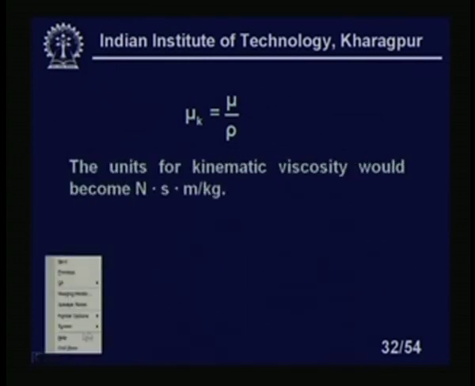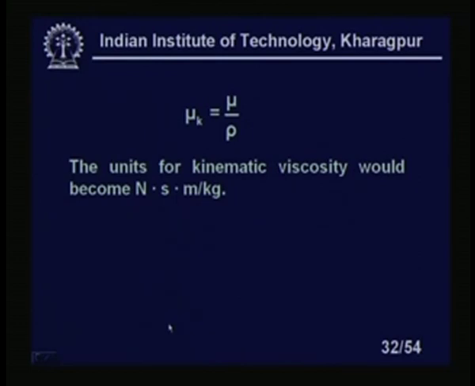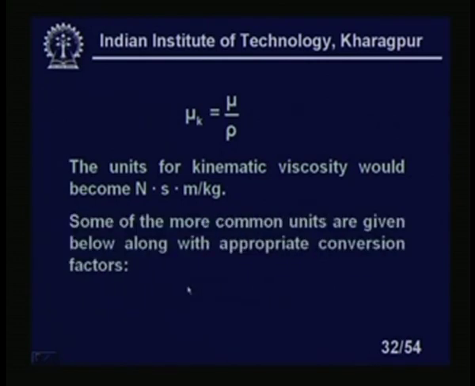So, units for kinematic viscosity would become Newton second meter per kg, right. That means you have to divide the absolute viscosity, or dynamic viscosity mu, by the density of the liquid, and you will get the kinematic viscosity, right. These units obviously will be different.